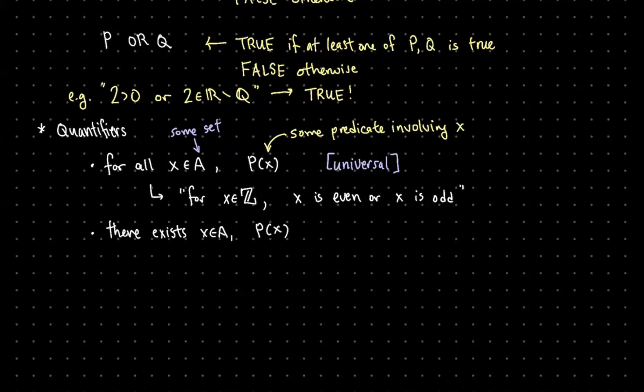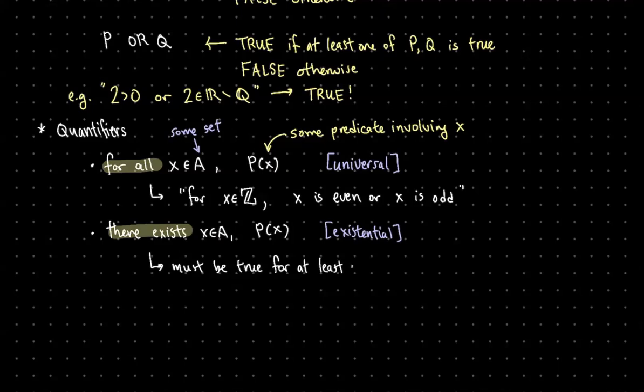Okay, maybe I should highlight these. This is called the existential quantifier. And all this means is that P of x must be true for at least one x in A.